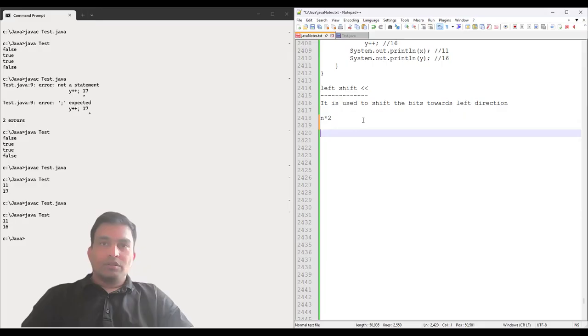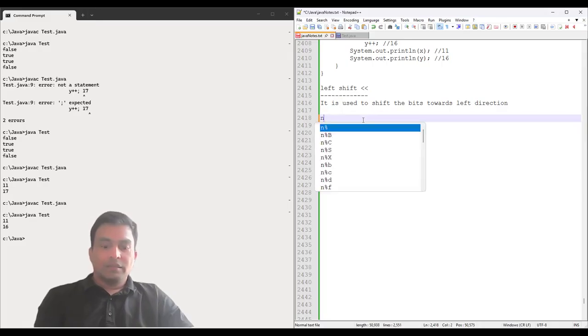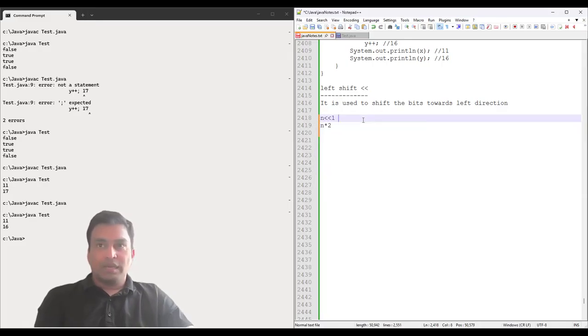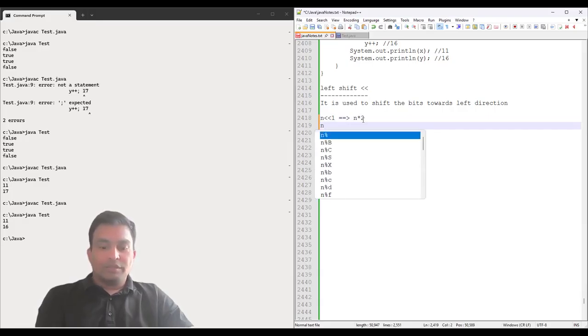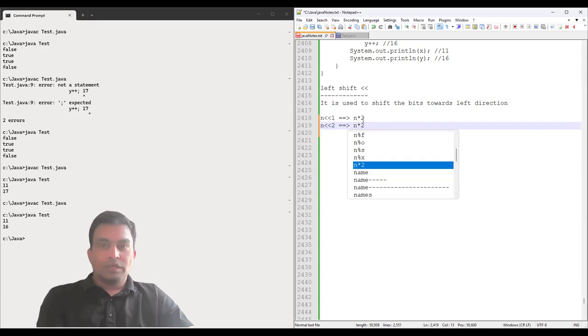If it is left shift 2 times, then the formula is n into 2 into 2.